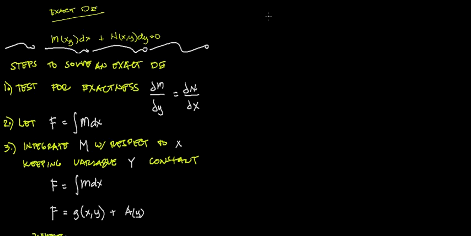Say we have an equation in this form: (4x minus y) dx plus (6y minus x) dy is equal to 0. As you can see, we are already in this form.